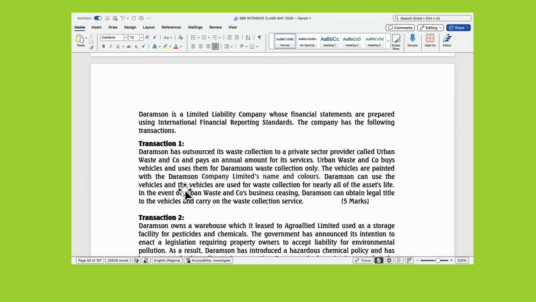The vehicles are painted with the Ramsey Limited's name and colors. The Ramsey can use the vehicles, and the vehicles are used for waste collection for nearly all the assets' life. In the event of Urban Waste and Co.'s business failure, the Ramsey can obtain legal title to the vehicles and carry on the waste collection service.